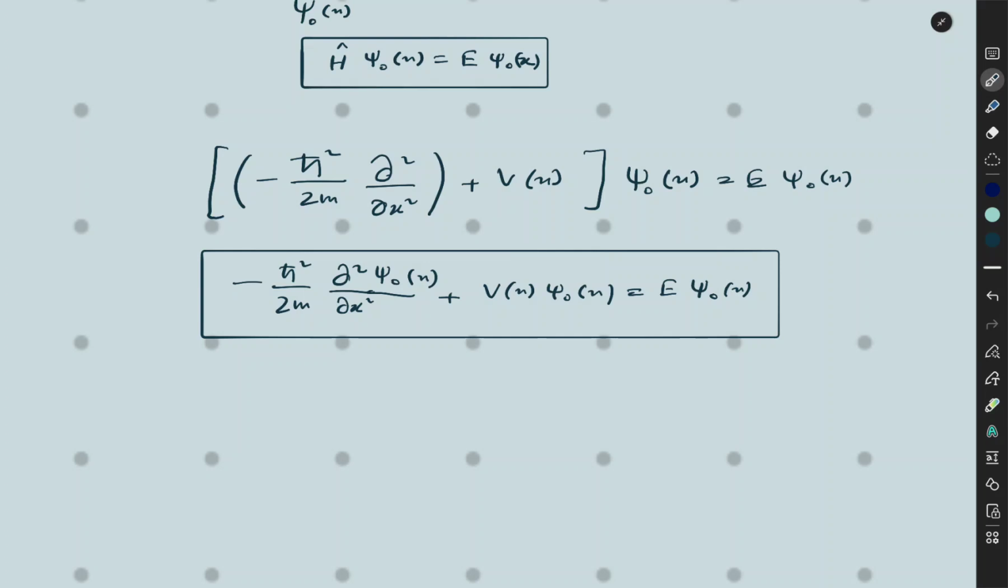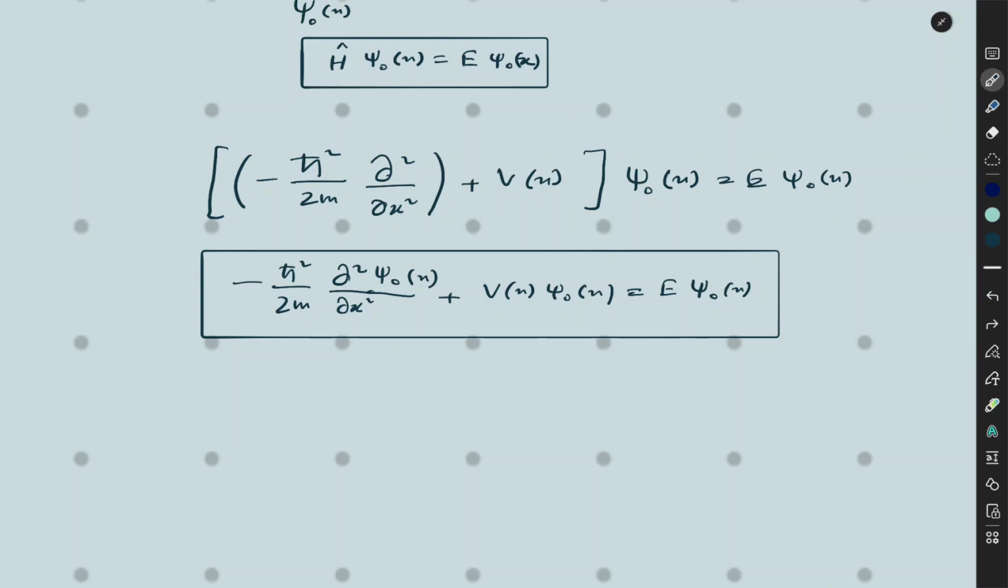It says when the Hamiltonian operator h cap acts on the wave function psi of x, the result is just the same wave function multiplied by a constant E. That is, when the Hamiltonian operator is operated on the wave function, it gives the same wave function multiplied by E. And psi naught of x is the energy eigenstate, and E is the energy eigenvalue.